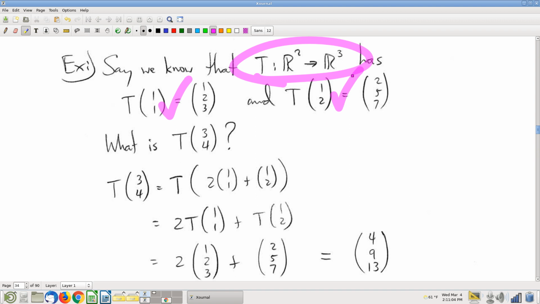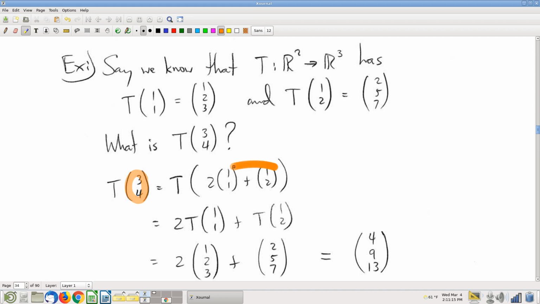So with this information alone, can I compute T for other vectors? Well, yeah, sure. For example, following the argument above, (3, 4) is a linear combination of these basis vectors whose images I was given. You have to solve a little system of equations to figure out those coefficients, those coefficients being this 2 and this 1 here. But you can always do this no matter what. Instead of (3, 4), if it had been (7, 8), whatever, there'd be a different set of coefficients.